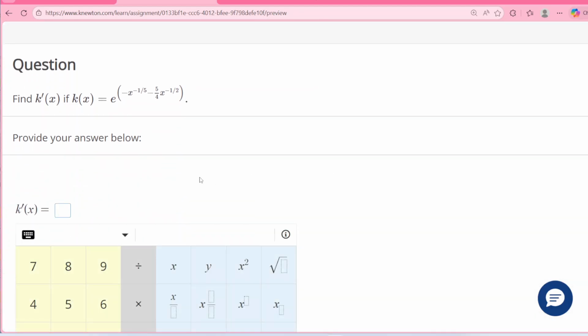So I'm typing all this in. So e raised to the, make sure all this is in the power, negative x to the negative 1/5 power.